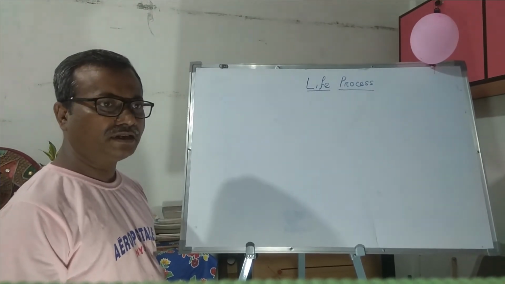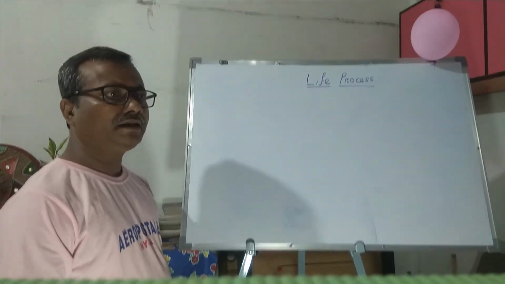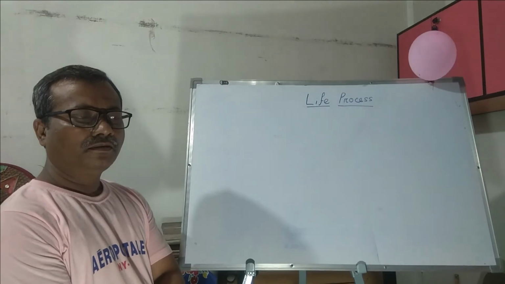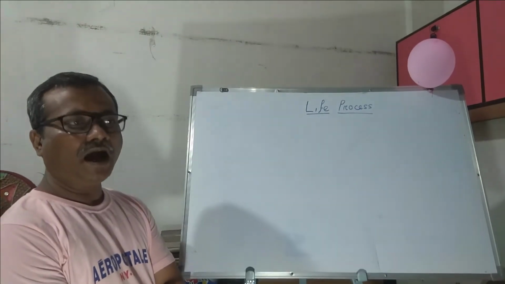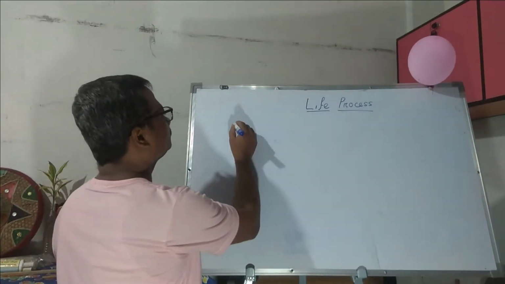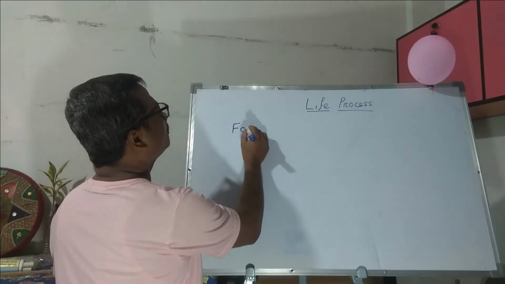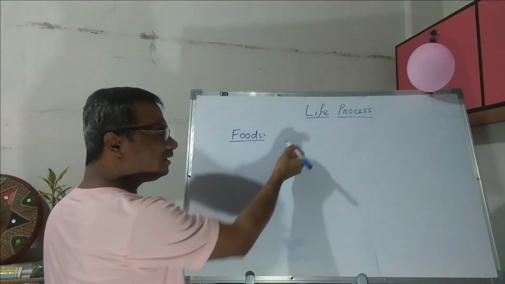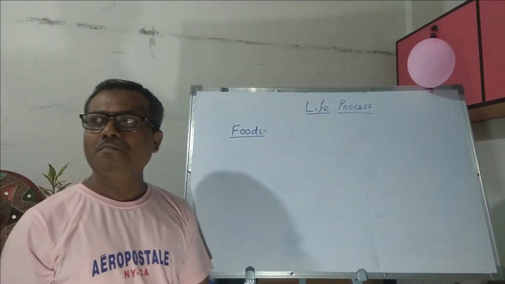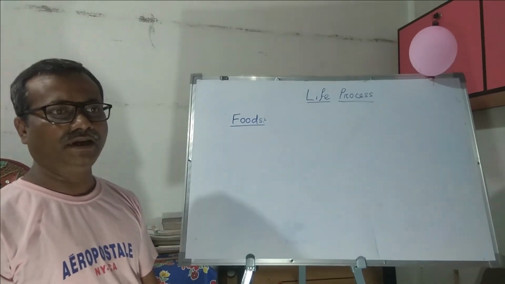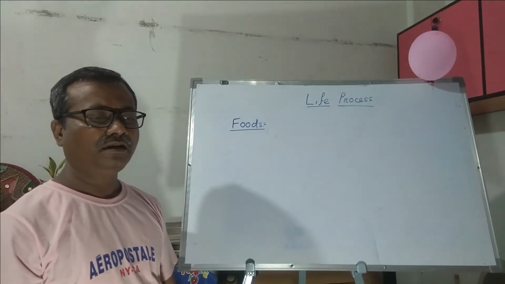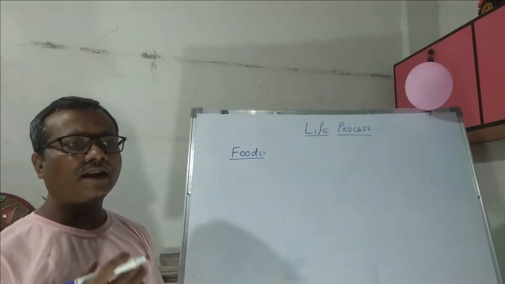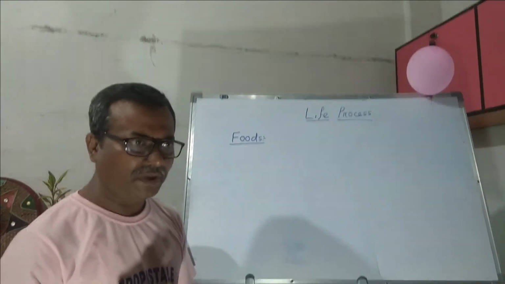The substances that are taken by living organisms for getting energy are called food. Foods are the substances that are taken in by all living things into their body for getting energy and nourishment.